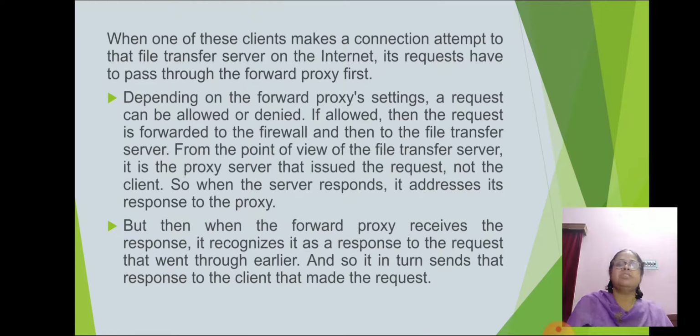When one of these clients makes a connection attempt to that file transfer server on the internet, its requests have to pass through the forward proxy first. Depending on the forward proxy settings, the request can be allowed or denied.